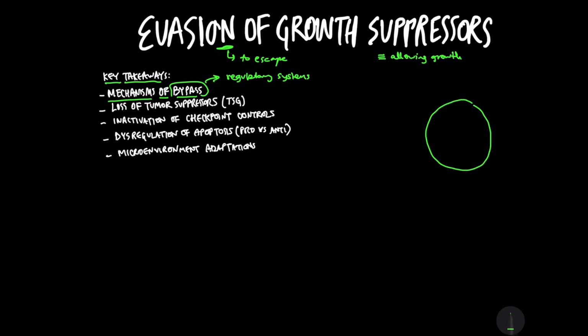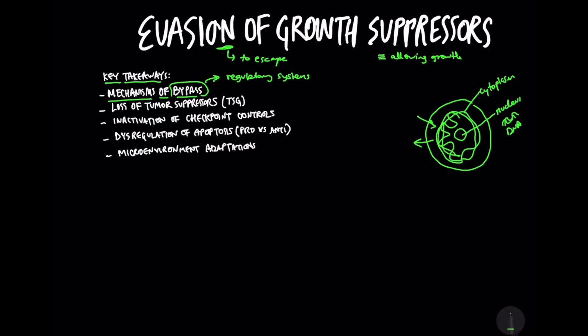So this is our cell, right? We have our cytoplasm, and we have our nucleus, which contains our genomic material, DNA. And there are signalings going on in the cytoplasm, and this can be outside in and inside out, which were briefly mentioned in previous videos as well.